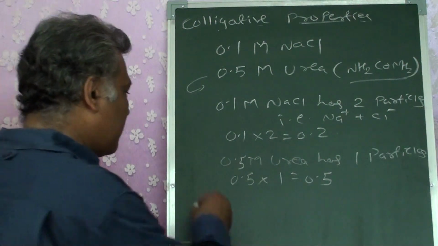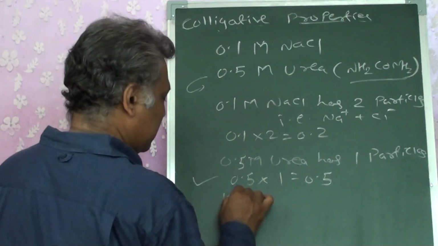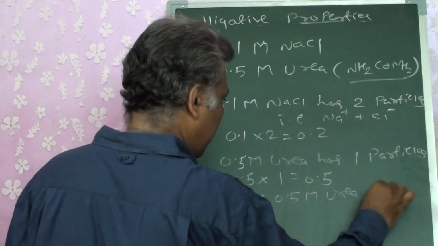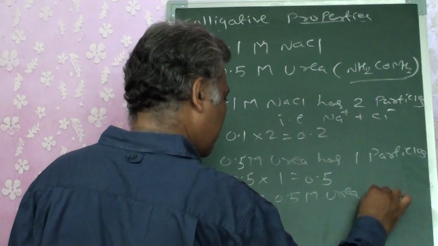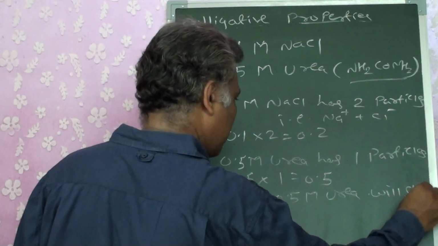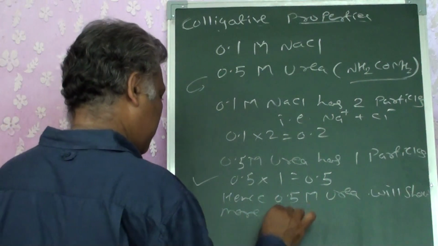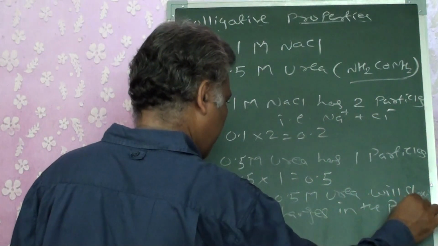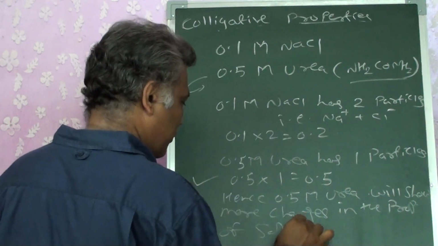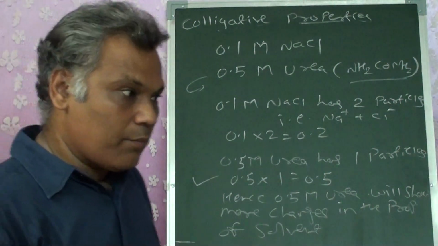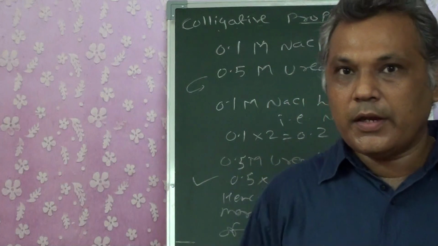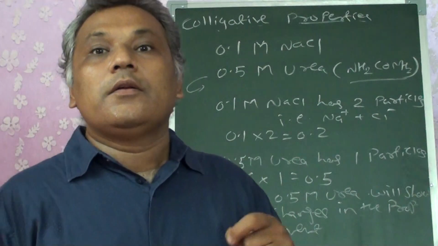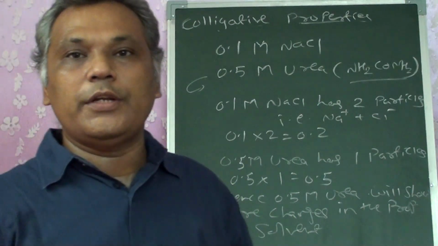So which one will show the maximum? This one. Hence 0.5 molar urea will show more change in the properties of the solvent. From these two examples you can identify that it is not only the number of ions, and not only the concentration, that shows more change.